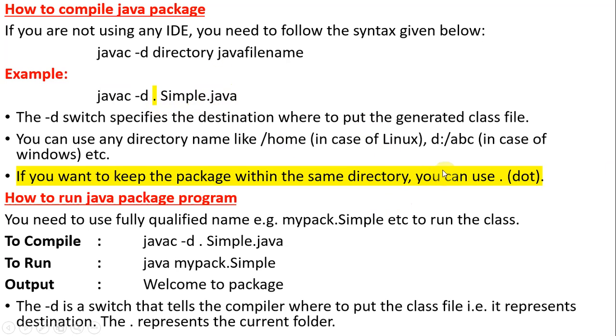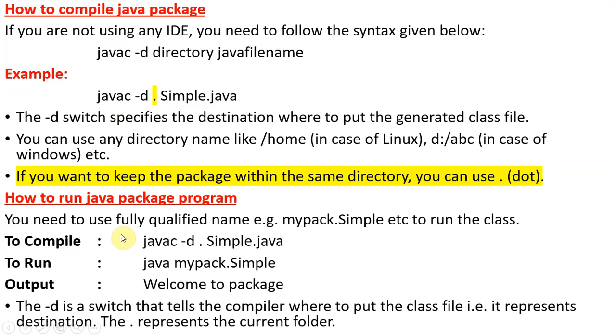By compiling this Java file, you get the class file. If you want to place that class file in some other location, you have to specify the directory. Otherwise you can specify dot to keep the class file in the same location where the source file exists. This is the way you can compile a Java package.